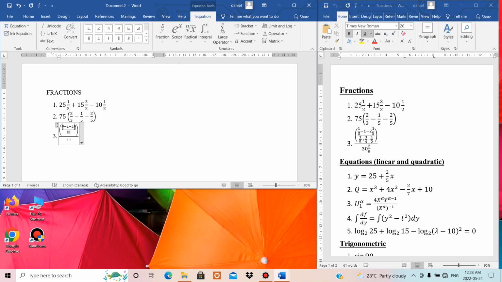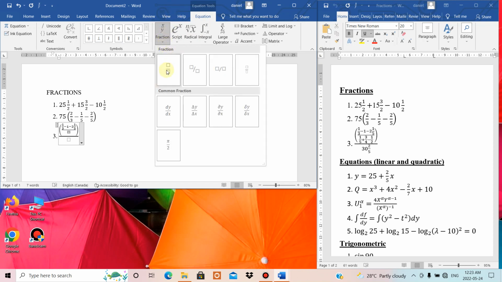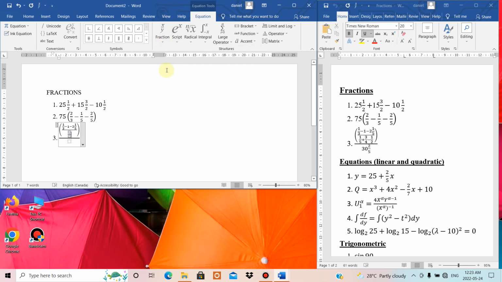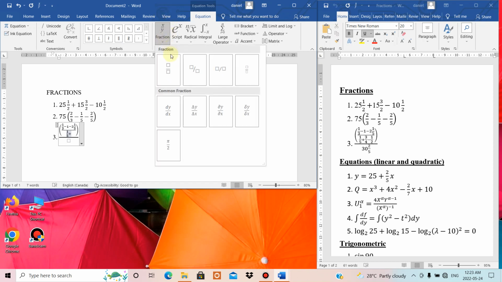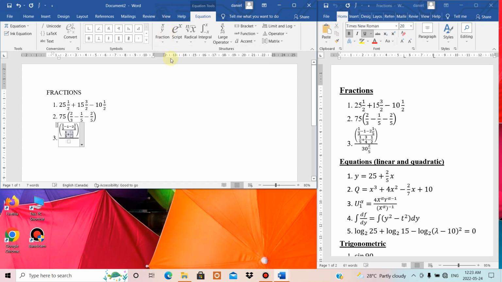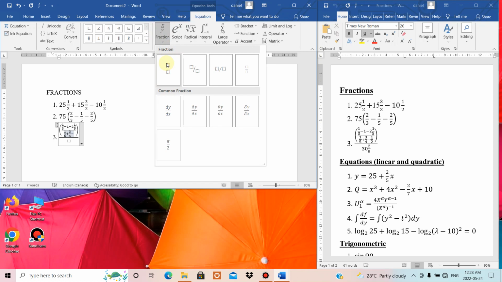Now we come to the denominator of the numerator. You have a fraction 1 on 5 plus another fraction 3 on 4, sorry, the negative sign, another fraction 1 on 2.